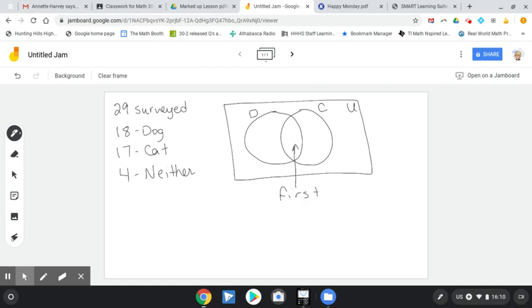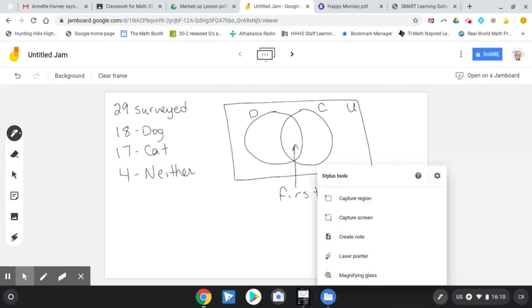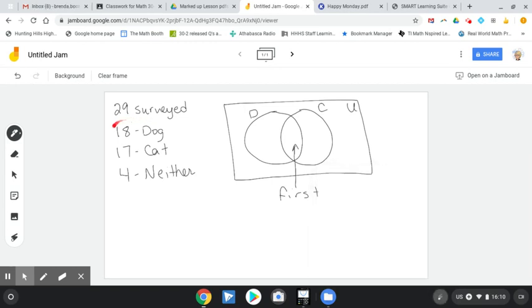And here's why. This 18 dogs that we have over on the side here tells me that this entire circle has to have 18 for a total. But that circle is divided into 2 parts. So right now I'm not sure how to divide the 18 up.